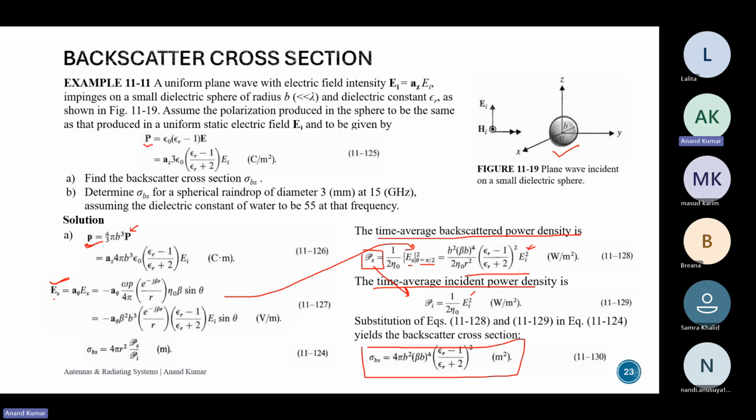Once we had the electric field value, we calculated the scattered power and then the incident power, and then using this expression, we substituted the value for the scattered power and the incident power, and we got this, which is the backscatter cross section.